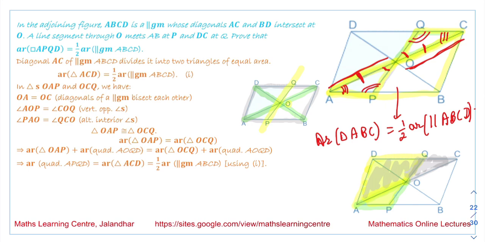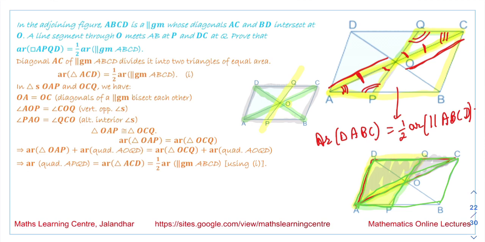Now the areas of the triangles ACD and ACB are equal. The area of this triangle ACD and APQD are equal.